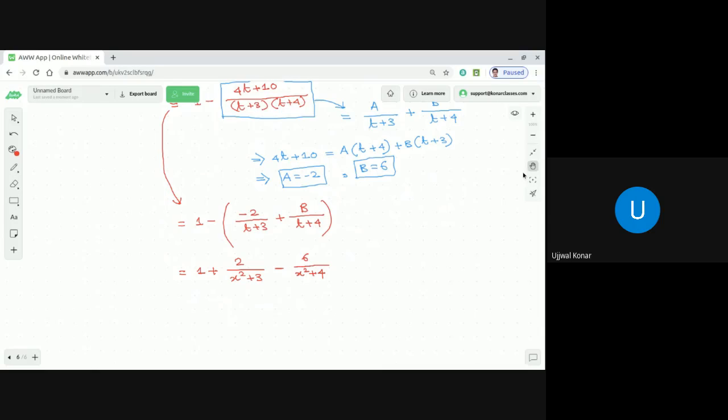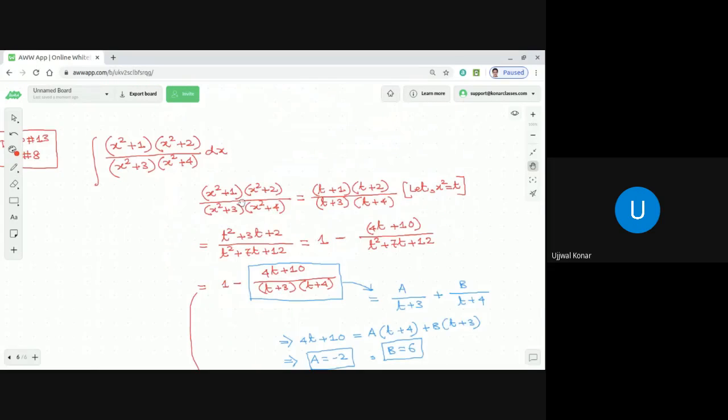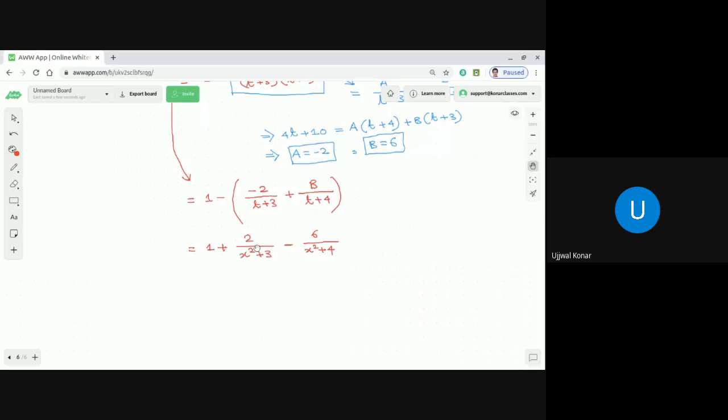So the entire given expression, x square plus 1 into x square plus 2 divided by x square plus 3 into x square plus 4, is now expressed as 1 plus 2 by x square plus 3 minus 6 by x square plus 4.